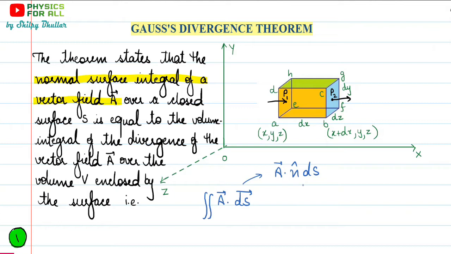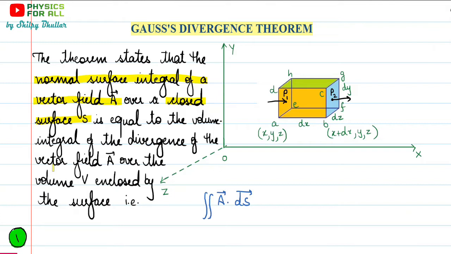That's why it's always taken perpendicular to the surface, and that's why we have written normal surface integral, so that you know the surface integral involves the unit vector which is normal to the surface. Then it says over a closed surface S, so the surface that we have considered is a closed surface.